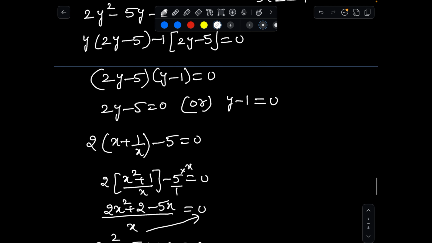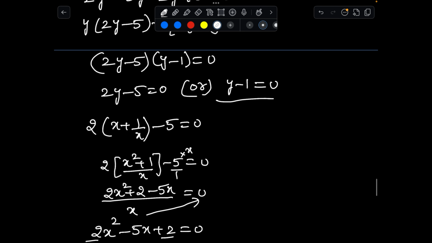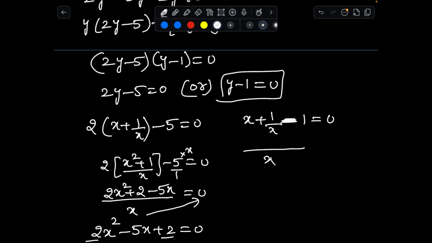In the other case, y − 1 = 0 is the second equation. In that, substitute the y value: x + 1/x − 1 = 0. Now taking the LCM, x is the LCM; x has the denominator 1, so x is multiplied with x.